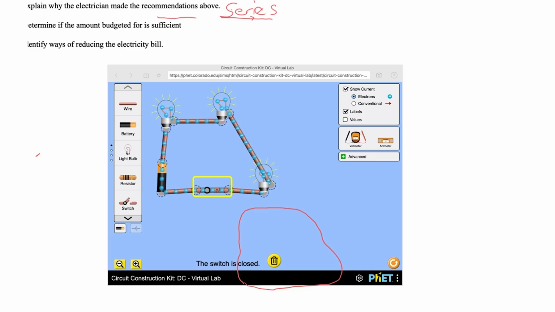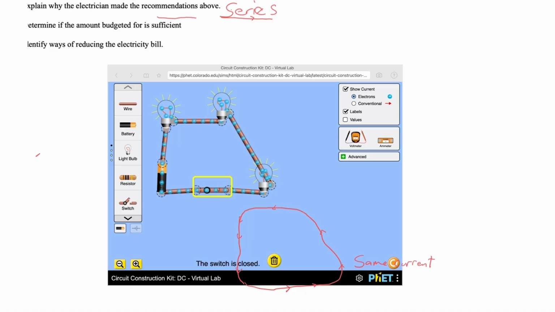There is no other path of current. So this flow of electrons in one direction is what we call the series connection. Now, this connection has its characteristics. The main characteristic is that we have the same current flowing.